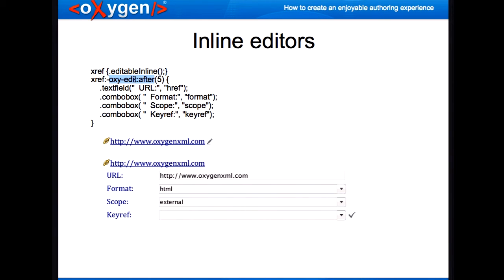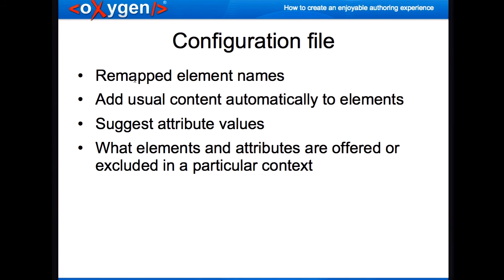So from a customization point of view, once you define the library, it's quite easy for someone, even without skills, to customize how that will work. The configuration file remaps the element names and adds the usual content and attribute values, and you can also exclude or completely remove some elements from being presented.